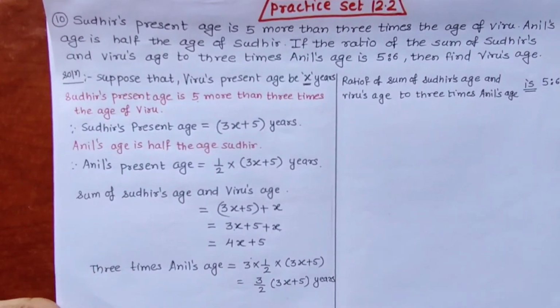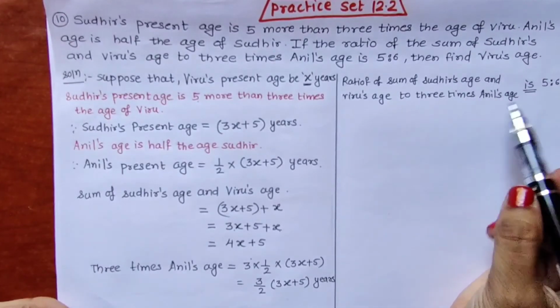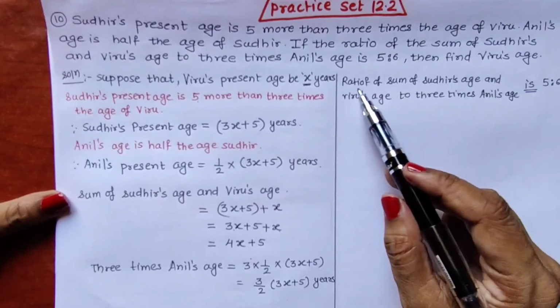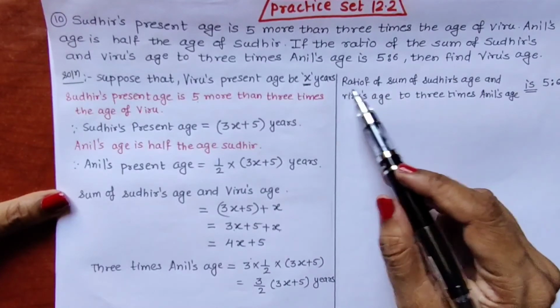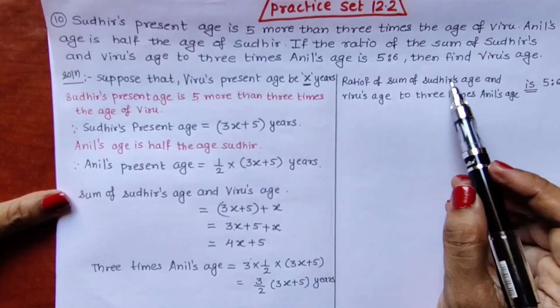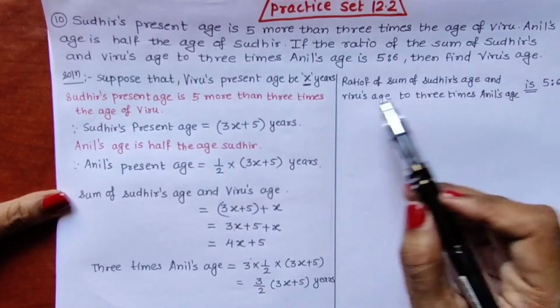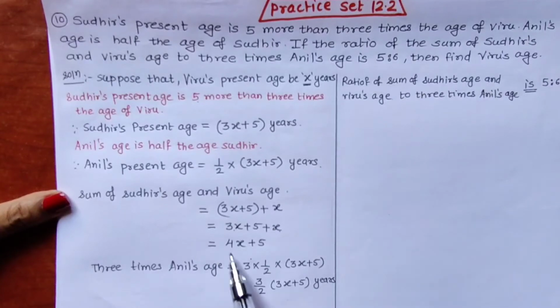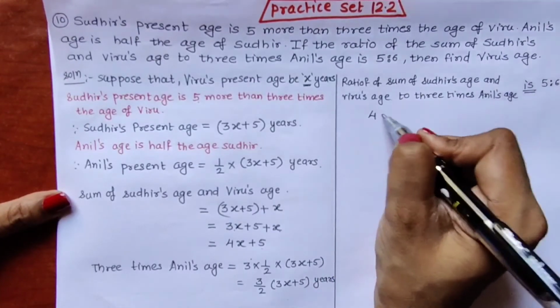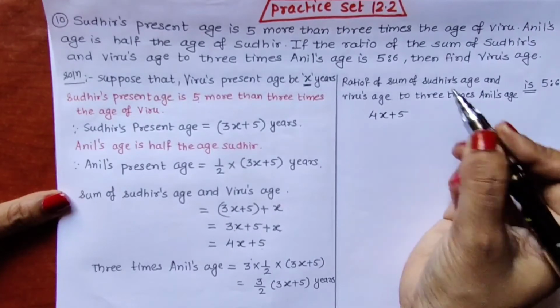Now see children, again read this condition and accordingly we will be writing the equation. Ratio of, ratio means we all know it is numerator denominator form. So in numerator what should be there? Sum of Sudhir's age and Viru's age, which is 4x plus 5. So in numerator there will be 4x plus 5.